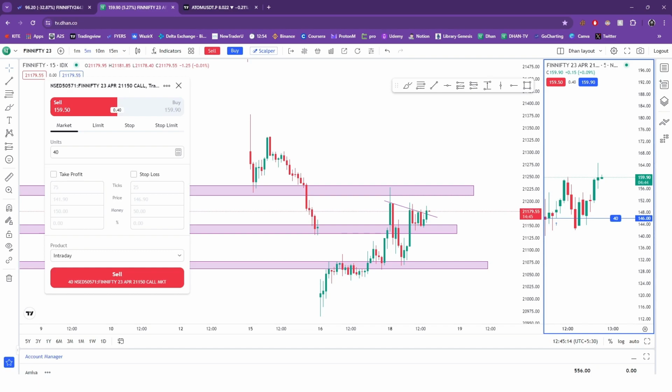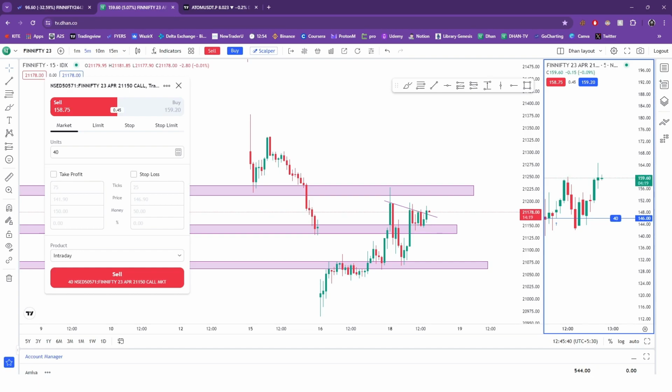If it closes below this level, then I will take whatever profits I am getting and simply close my position manually. But as I planned something before, I'm going to follow my plan, so I have to hold my positions. If it reverses, then I will simply exit at break even.